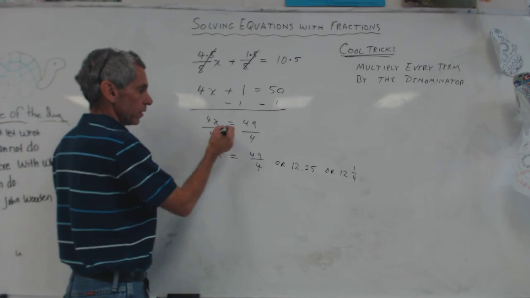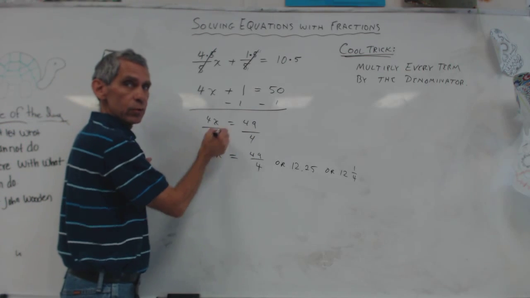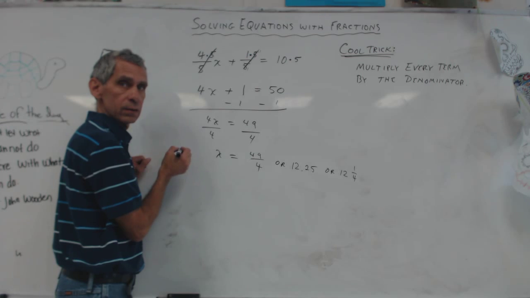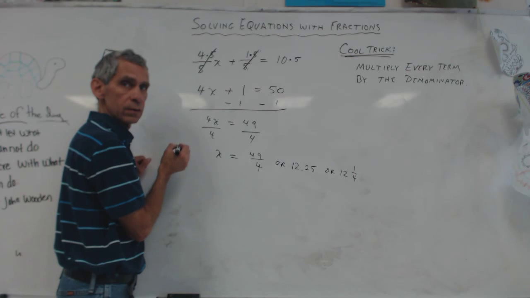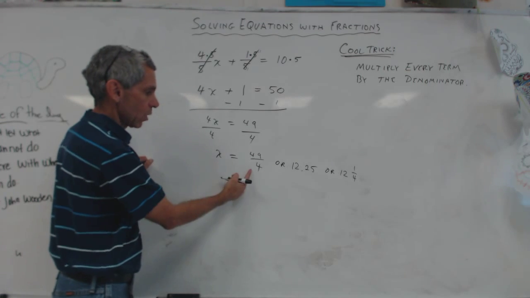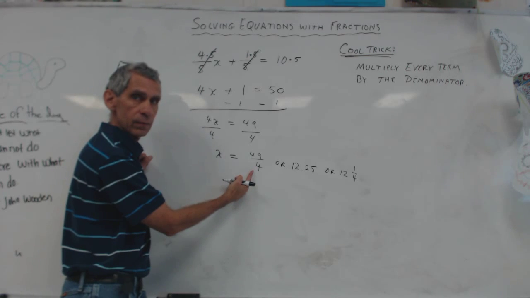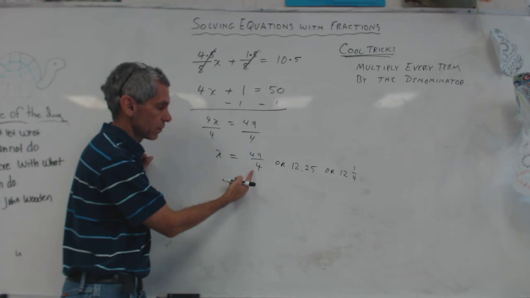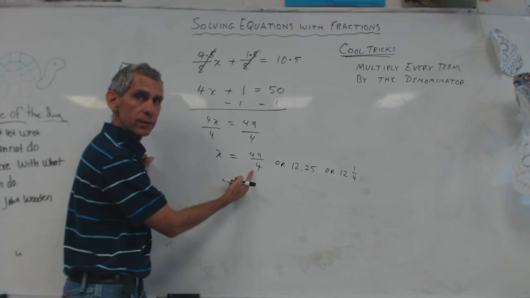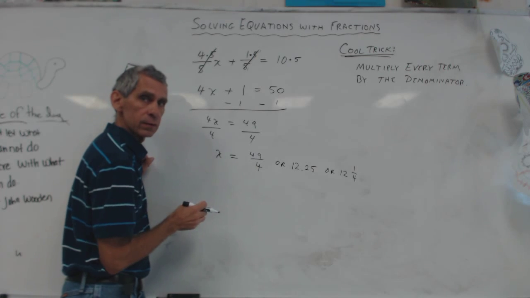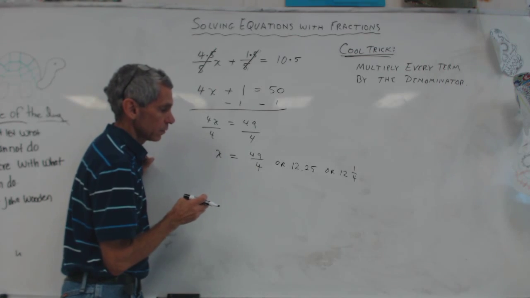You're talking about cross multiply? No. Once it's already solved, x equals 49 over 4, then multiplying that by 4. Yeah, that would work. Then you'd have 4x equals whatever that is.